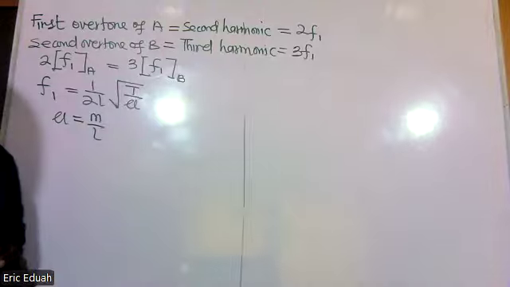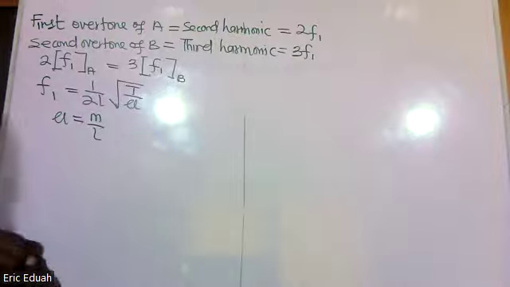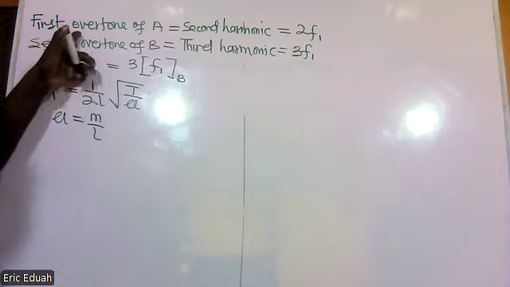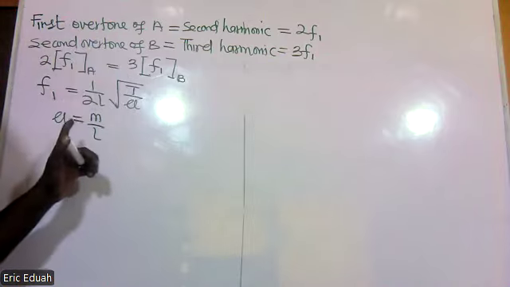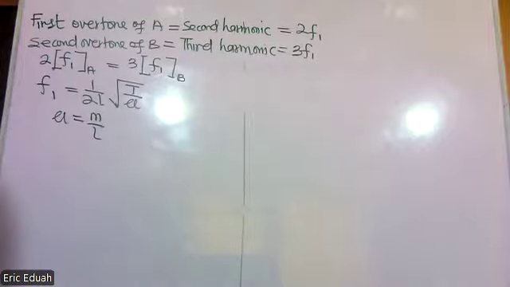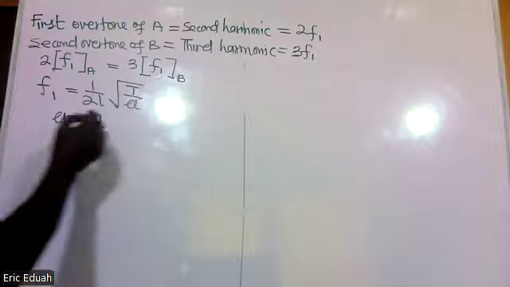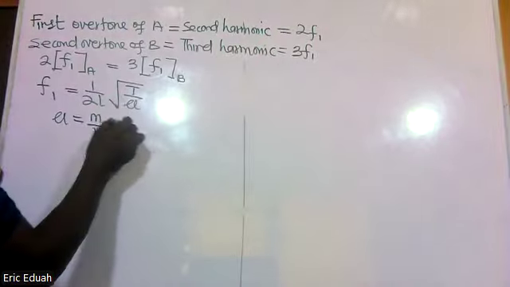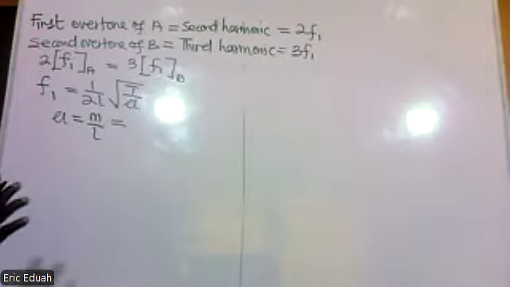The question talked about density: same material, steel, and then different length. And it talked about radius. So we'll express the mass of the string in terms of density and area.